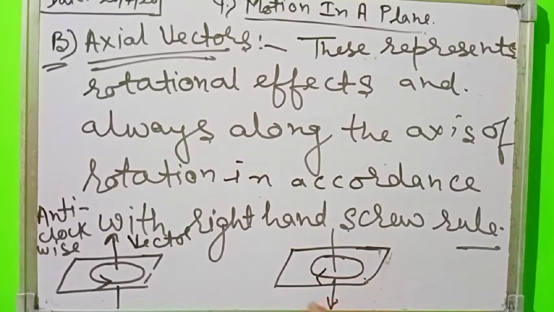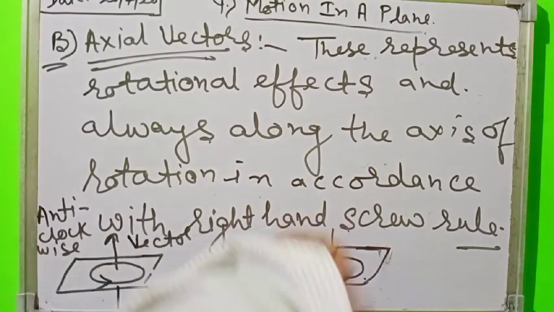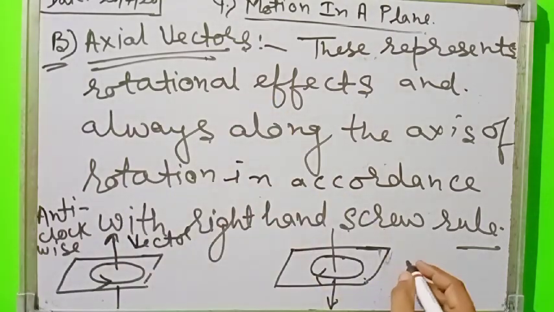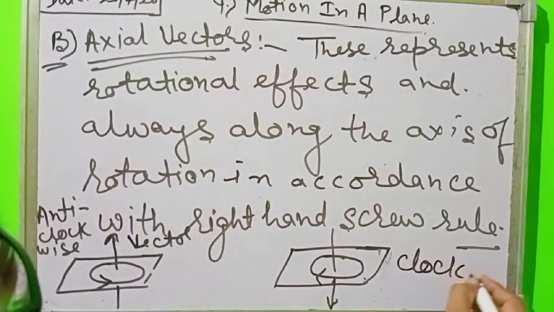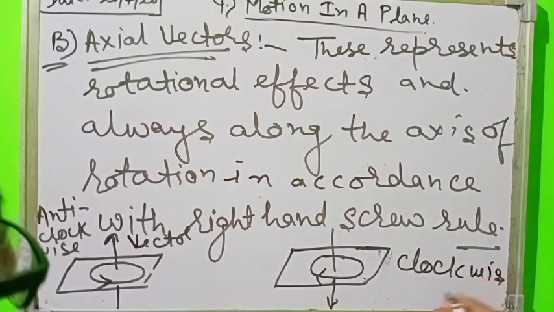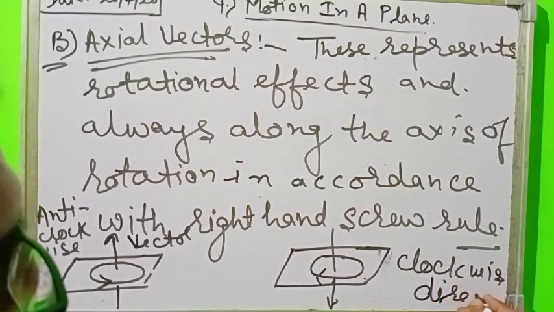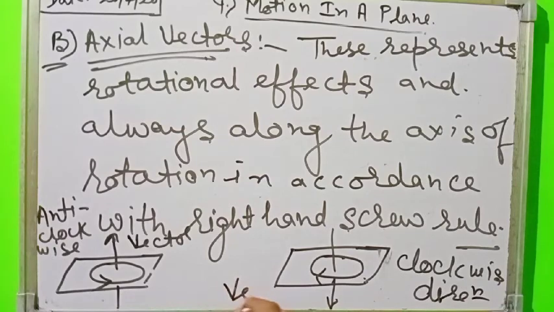This is anti-clockwise. Now look, this is clockwise direction, and this is the direction of the vector. So this is called axial vectors.